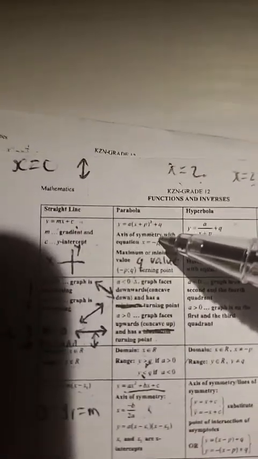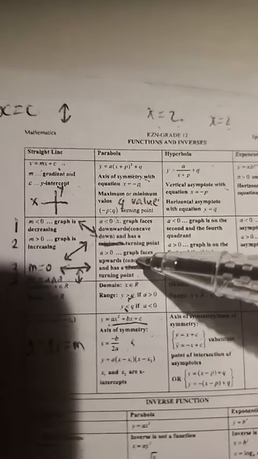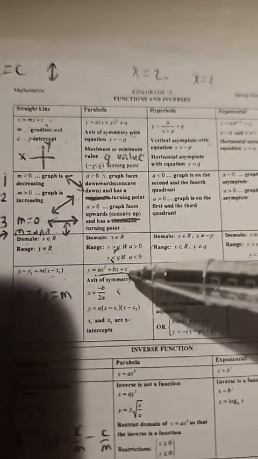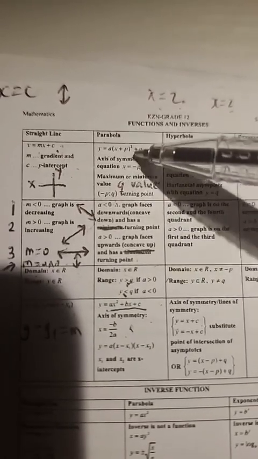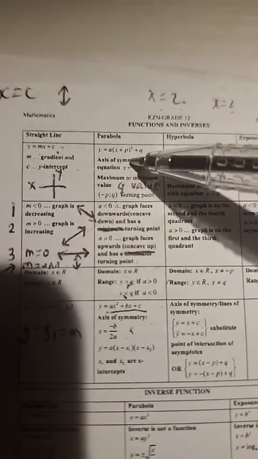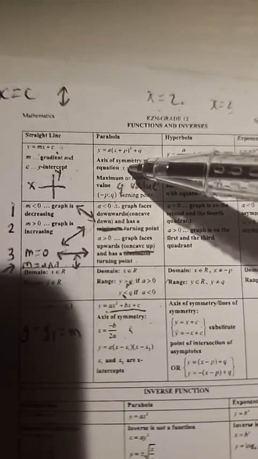Then we looked at the parabola, and we touched on it quite extensively yesterday. Guys, if you really want to check all of this out, you are more than welcome to hop on to the YouTube channel and check out the video that I did, because I summarized the concepts that are important for the parabola.